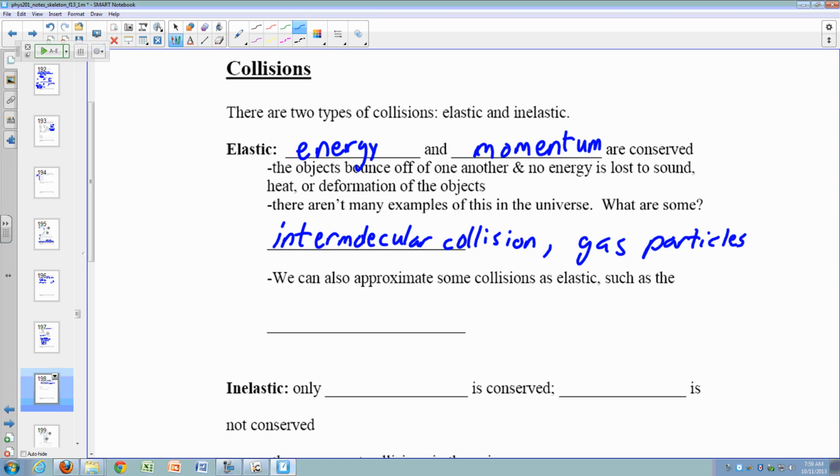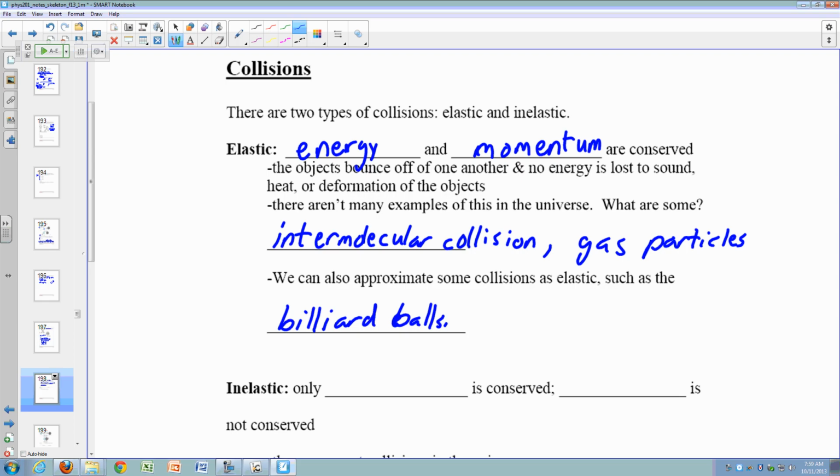But we can also approximate some collisions as elastic, and we often do this because a lot of collisions are almost elastic. So, for example, collisions of billiard balls are pretty darn close to elastic because the balls don't really deform at all, hardly.